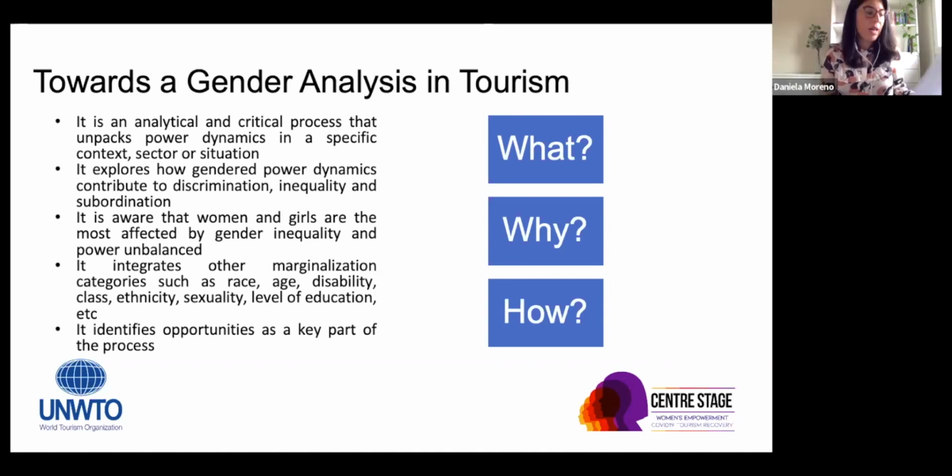So this is important. For example, in my professional experience, when I am drawing up a gender analysis in tourism, I also like to think, taking into account the last UNWTO pillars on gender and tourism, about the measurement pillar, which is linked to tourist policy making.